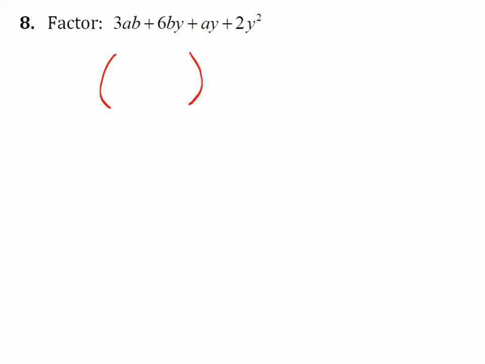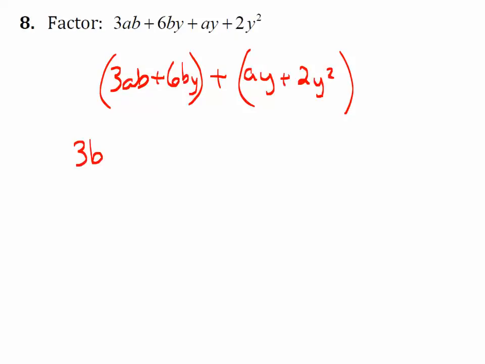Nothing to factor out of all four terms. So number one's gone. There's no greatest common factor. And I see four terms again. So again, we go to grouping method here. So first two terms, the last two terms, 3b. Awesome. So a plus 2y. Then just a y goes out of the second one.